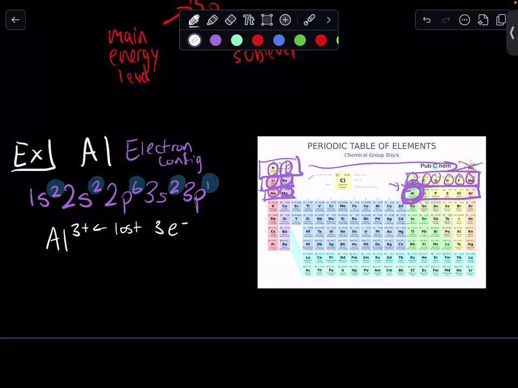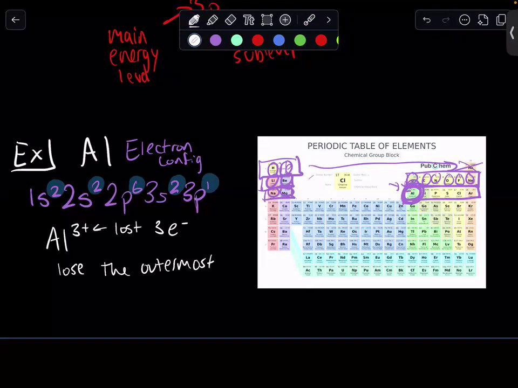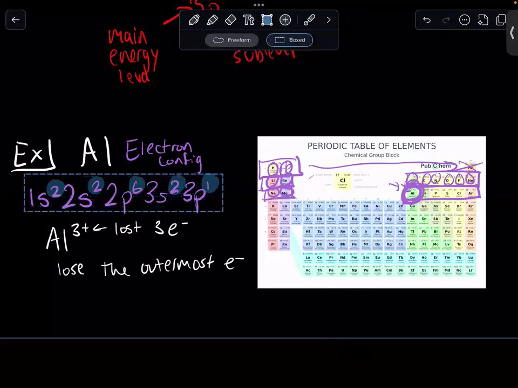So we have to ask, where did they come from? Well, the electron that's easiest to pull out is the one that's furthest away. So it would lose the outermost electrons. So it would lose the 3p1. So we would have no more 3p1. I'm just going to copy this over.